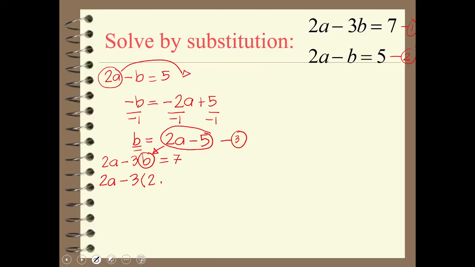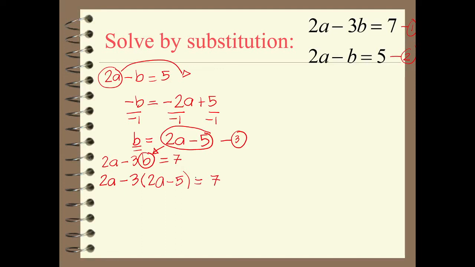Okay, for a while. 2a, sorry. Okay, 2a minus 3 that's equal to 7.